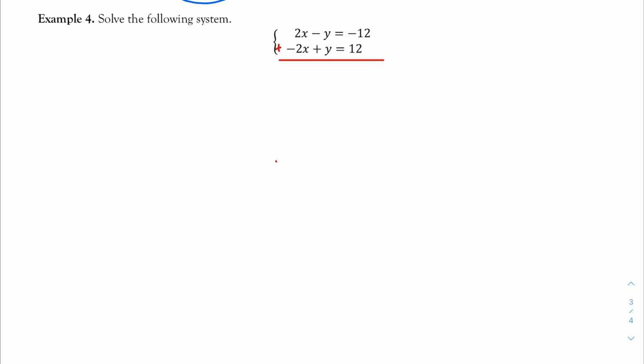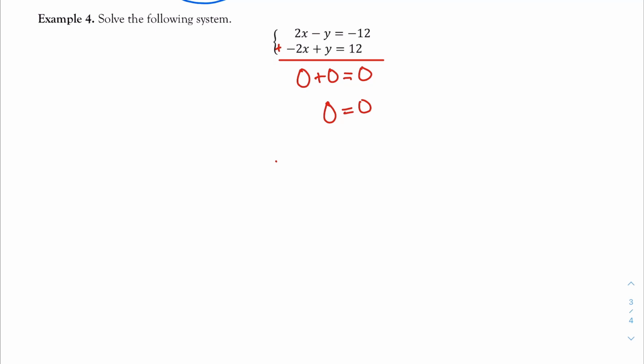If I add these two equations together, I get 2x minus 2x giving me 0, -y plus y giving me 0, -12 plus 12, I get 0. So 0 is definitely equal to 0. And that's always true. What does that mean?